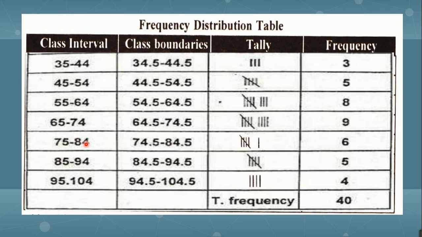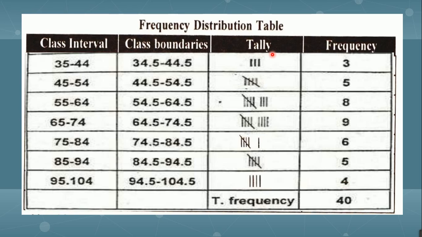And then 75 to 84 there are 6 numbers, so the frequency of this class is 6. And 85 to 94 there are 5 numbers, so frequency is 5. And 95 to 104 there are 4 numbers, so its frequency is 4.